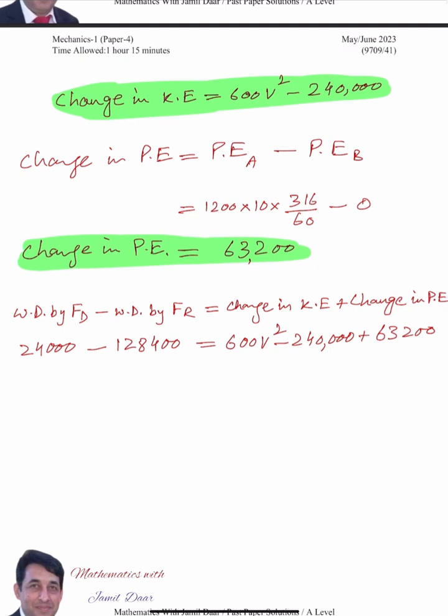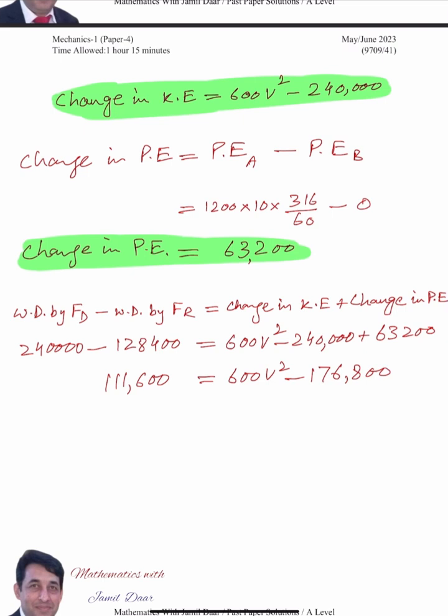Let me do the calculation. 240,000 minus 128,400, so this will become 111,600, is equal to 600 V square, and this is 63,200 minus 240,000, which is minus 176,800.